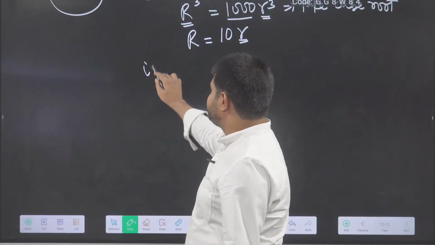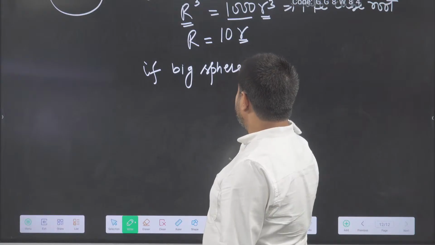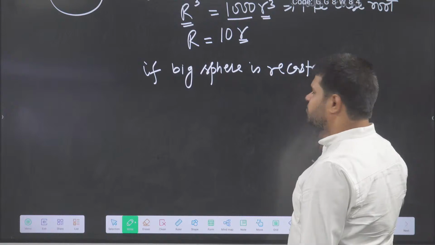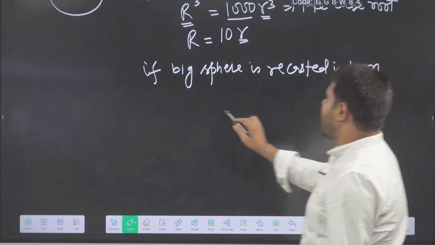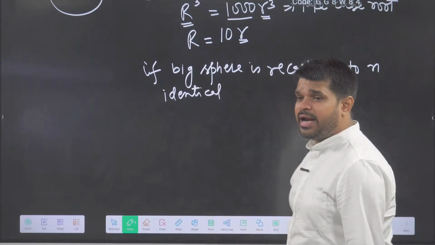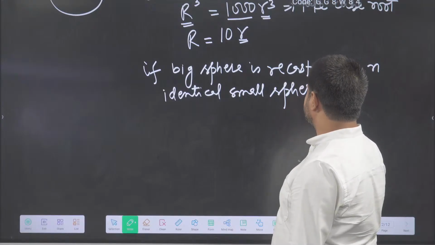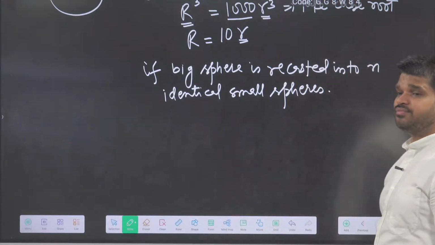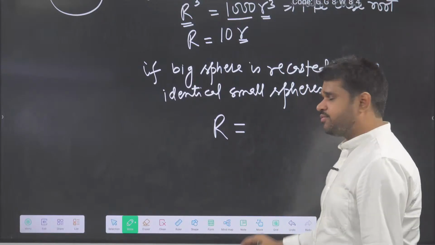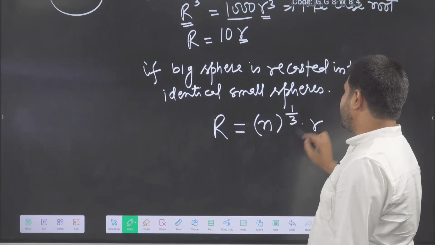So if a big sphere is recasted into n identical small spheres, then remember, capital R equals n raised to power 1 by 3 into small r.